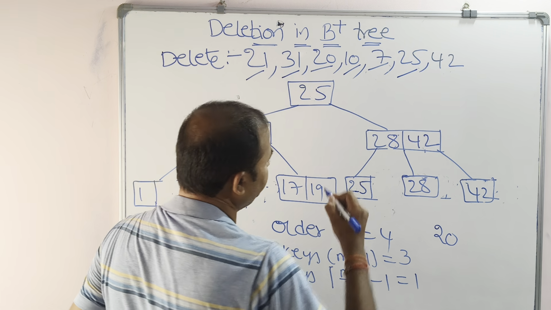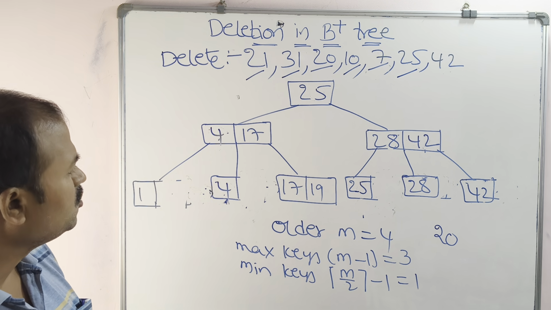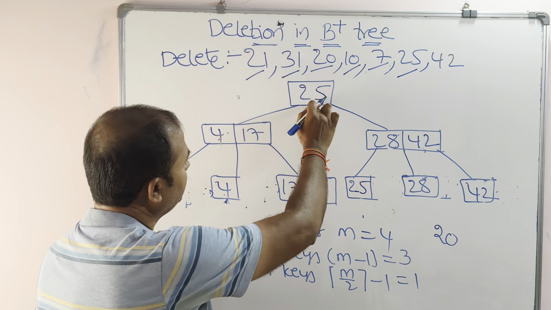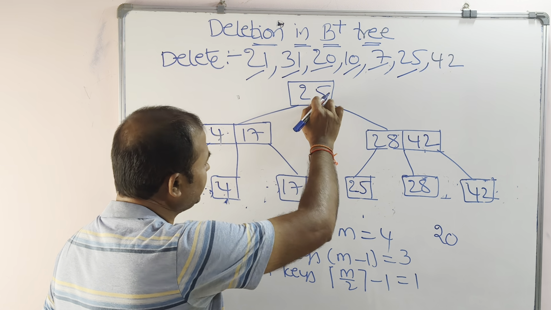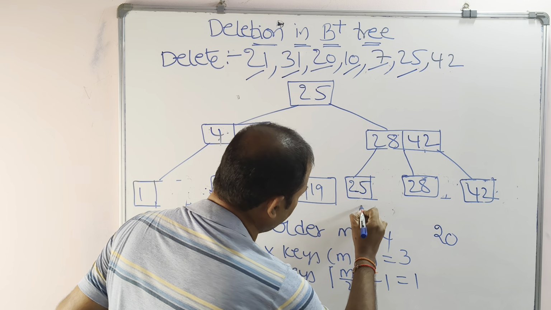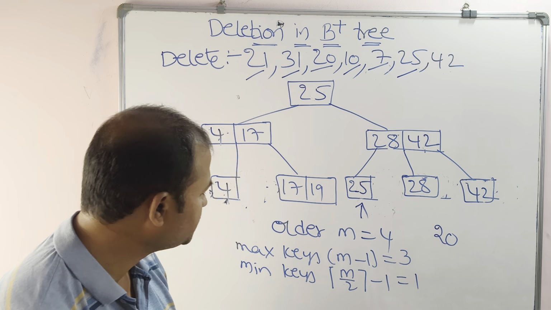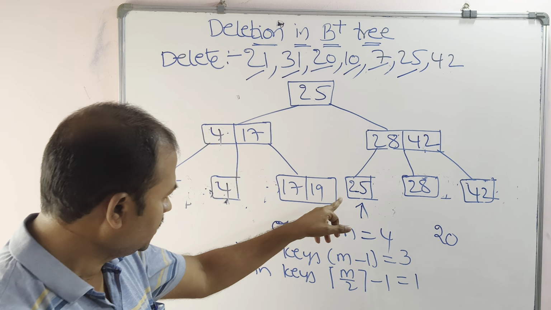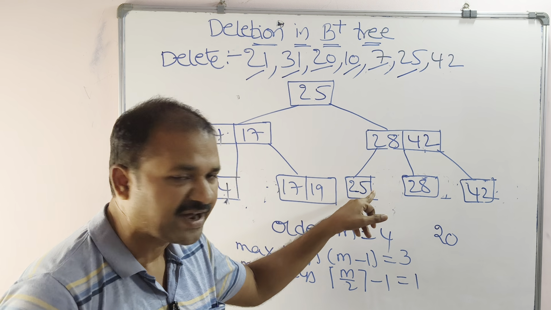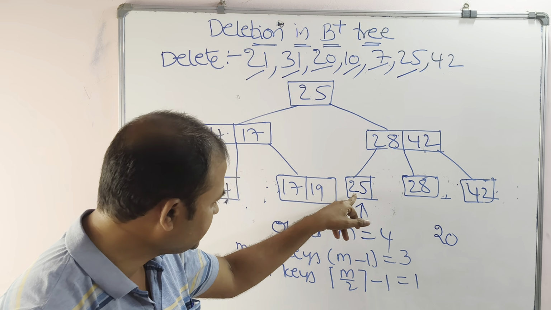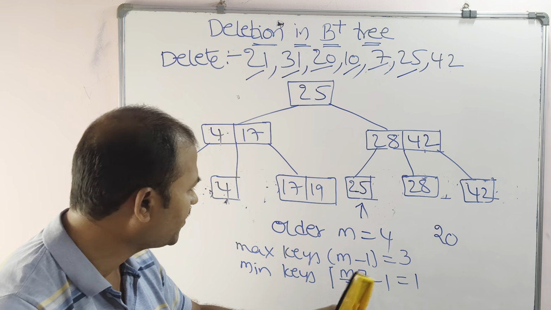Now let us remove 25. So find the location of the 25. 25 is available in the internal node as well as this leaf node also. So first let us remove this 25. This leaf node is having only one key. That means this leaf node is having only minimum number of keys.